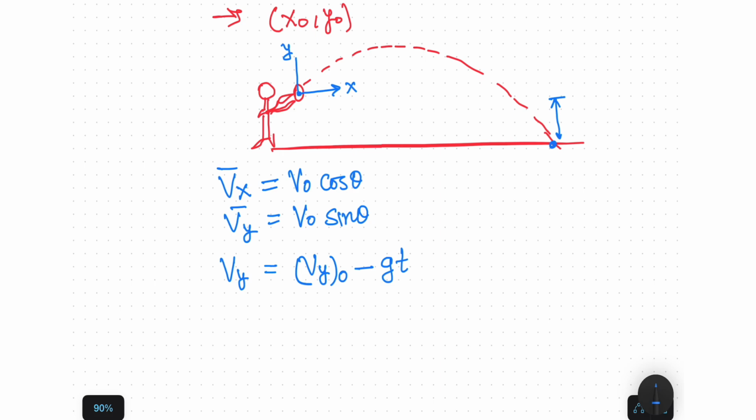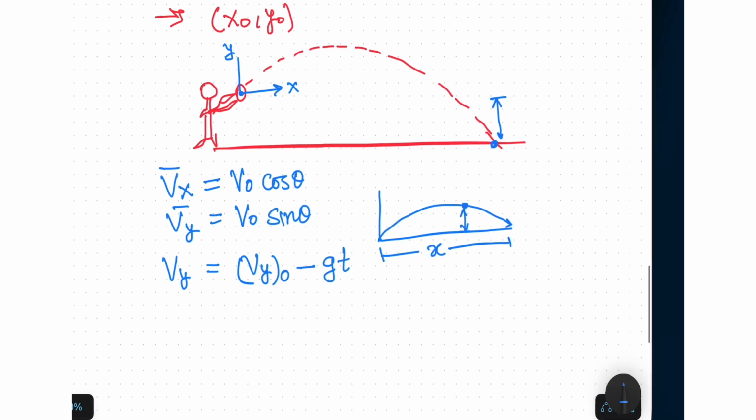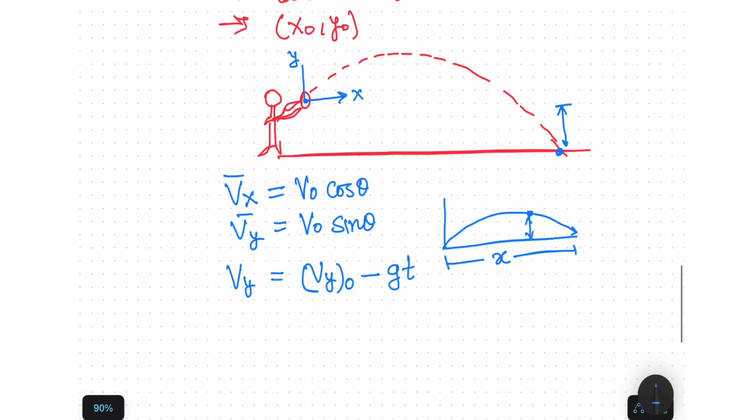In certain cases we have to calculate how far this ball will be launched or drop, how far it is going in the x direction. Sometimes the question will ask what the height of the ball or projectile will be at time t. In this case we can use the formulas for x and y. I will write for x: it is x naught plus Vx naught multiplied by time.